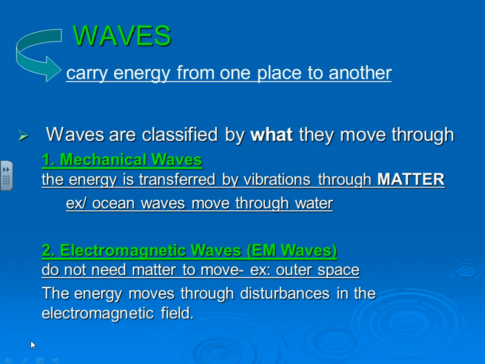So electromagnetic waves are really useful in outer space where there is no matter. It's just the void of space. Your mechanical waves have to attach themselves to matter. Your electromagnetic waves do not.